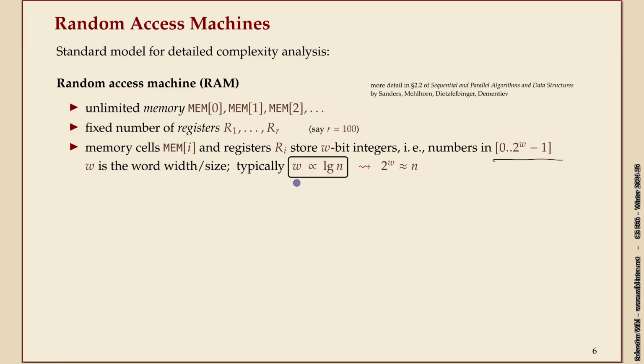And the typical assumption is that this word size grows logarithmically with the input size. This makes sense from different perspectives. It means that you can store a pointer to a place in memory in one word or in a constant number of words. It also reflects a bit how historically these word sizes have grown.